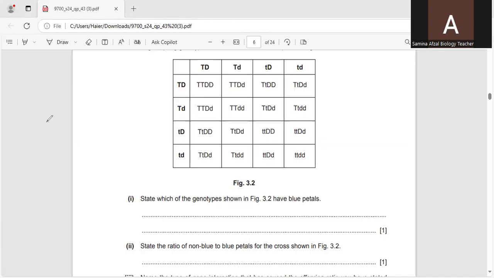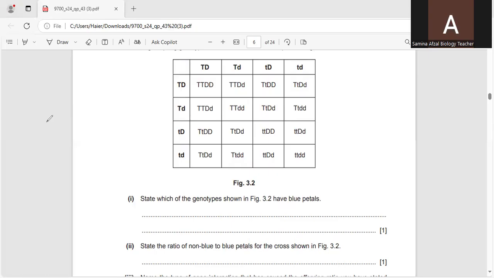So keep in mind, already we have discussed in the question that capital T is responsible for the formation of molybdenum, due to which the petals will be of blue color. Whereas the capital D will stop the formation of molybdenum, due to which the petals will be without a blue color.